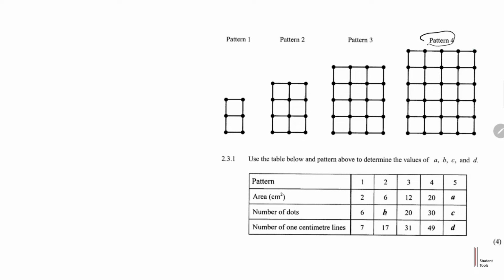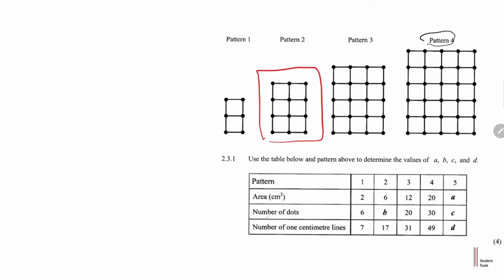And B, we are supposed to determine the number of dots that are on pattern number 2, this one. But I think this is the easiest. So let us start with B.